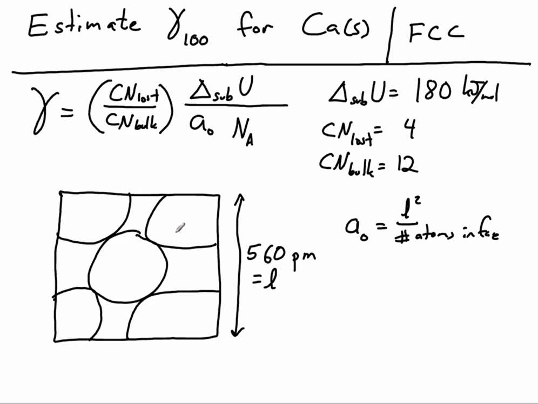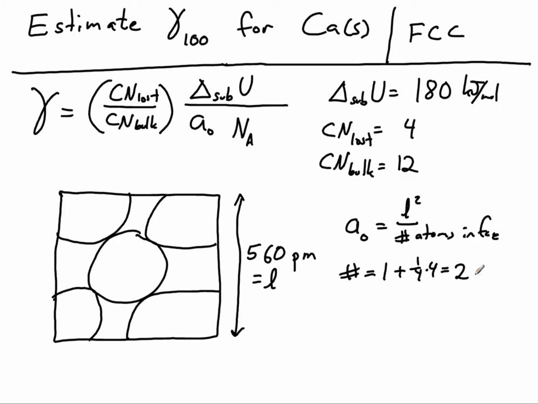If we look at this, we say, okay, there's 5 atoms, but remember, some of these are fractional atoms. So the number is going to be, this atom is completely in the face, so that's going to be 1. Each of these is only a quarter of a circle, so it's only a quarter in there. So 1/4 times 4 is equal to 2. So there's 2 atoms in the face.